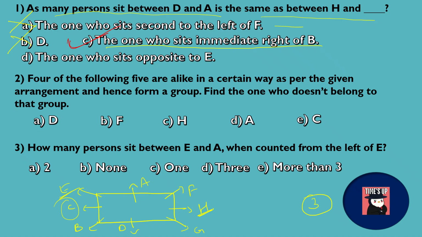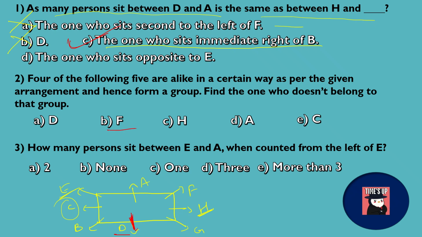Four of the following five are alike in a certain way as per the given arrangement and hence form a group. Find the one who doesn't belong to that group. Odd one out, basically. So who is the odd one out here? D is in the middle, correct? D is in the middle of the table.